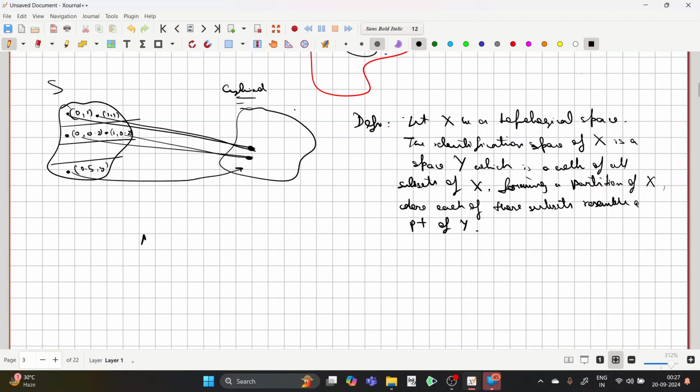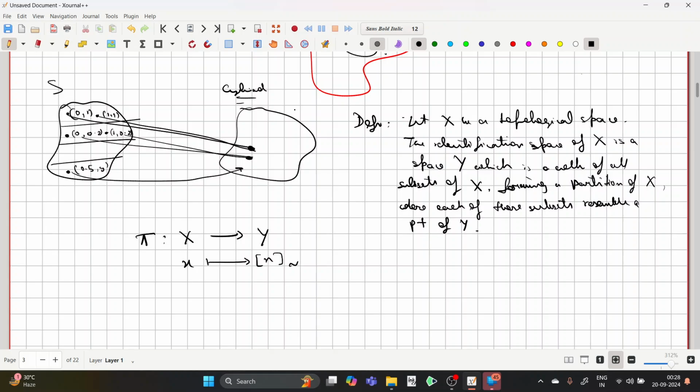Specifically, what I am trying to do is consider a map from X to this identification space Y. The symbol Y I will be using for the identification space. So pi is a map from X to Y, where I send every element small x to the equivalence class of x under this relation tilde. Clear?